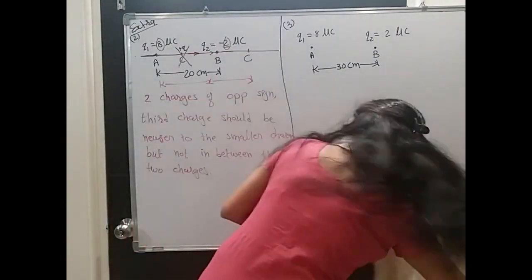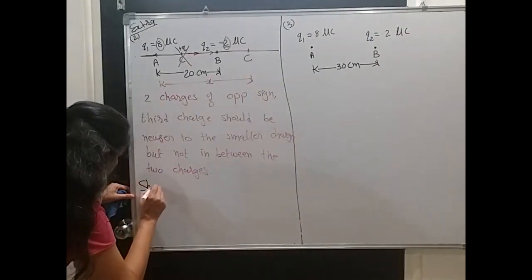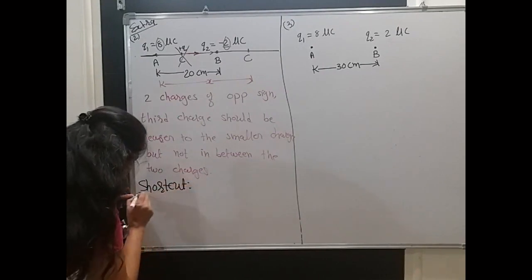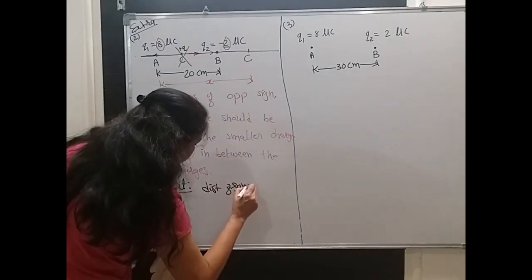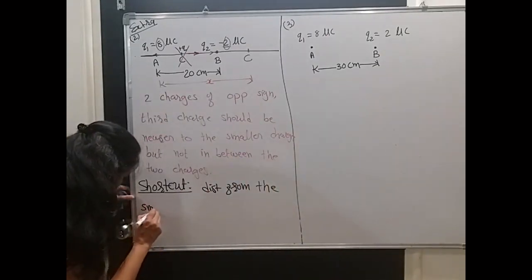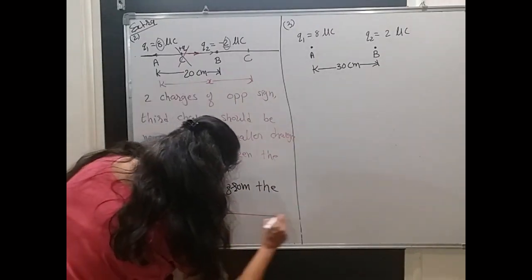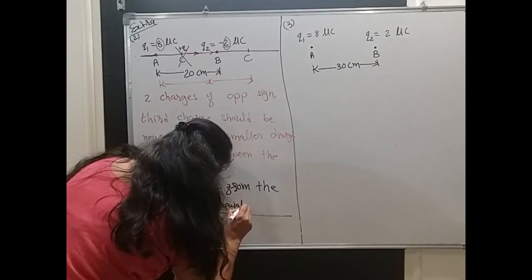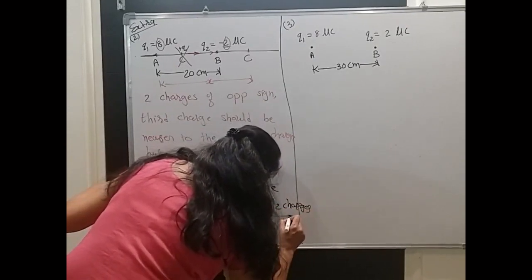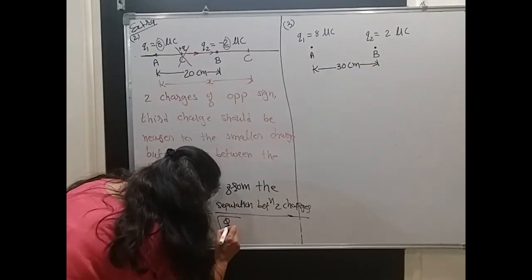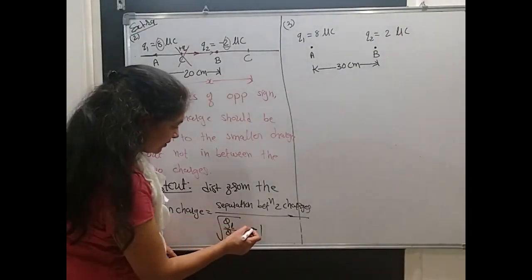The shortcut says that the distance from the smaller charge is equal to the separation between the two charges divided by the square root of q larger upon q smaller, minus 1. See, the minus is outside the square root.